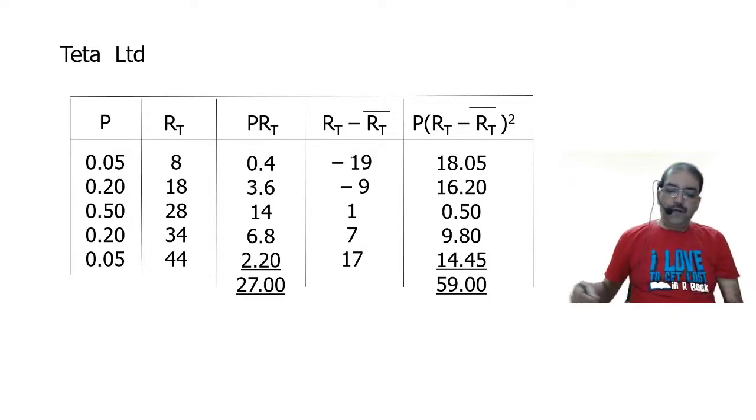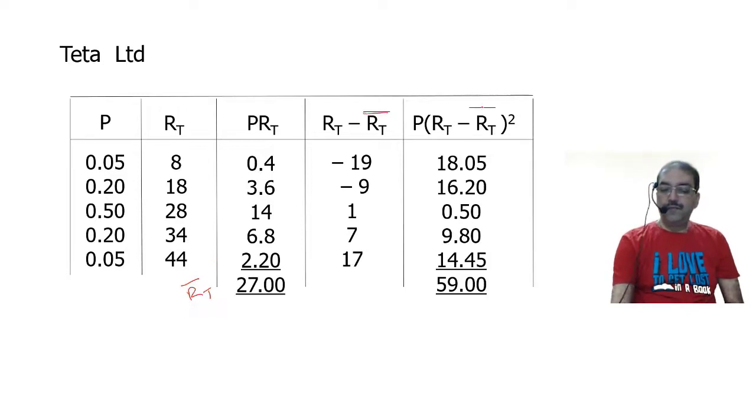What is 27 here? 27 is RT bar, the average of the returns of Theta, where RT means returns of Theta.